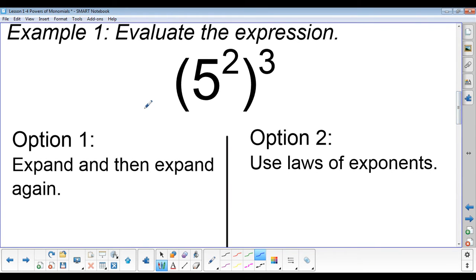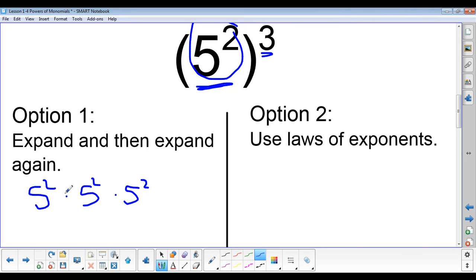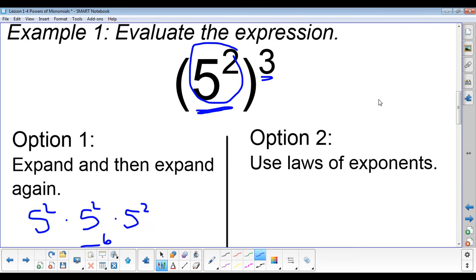So if we look in our books, that's going to be our next property. We have two options with these types of problems. We can do like what we did above, and we can expand it. So 5 squared to the 3rd power would mean this base, 5 squared, multiplied with itself this number of times. And when I do that, I see, okay, I have 2 5s here, another 2 5s, another 2 5s, for a total of 6 5s, 5 to the 6th power.